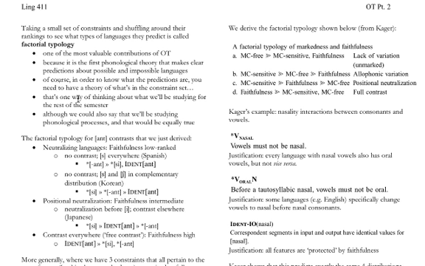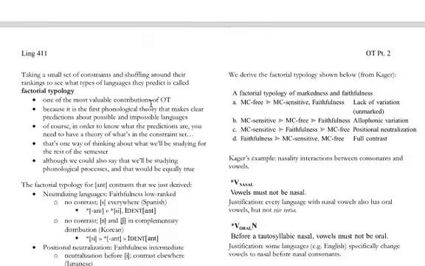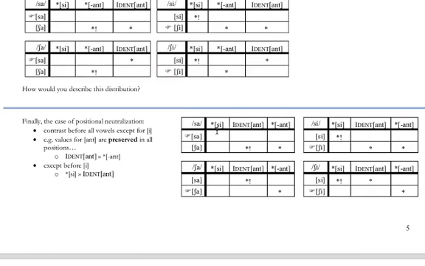Of course, in order to know what the predictions are, you need to have a theory of what's in the constraint set. Right? So part of the work here was inferring what the relevant constraints are from looking at the data. We saw, oh, some languages don't have non-anterior fricatives at all. We better have a constraint against non-anterior fricatives.